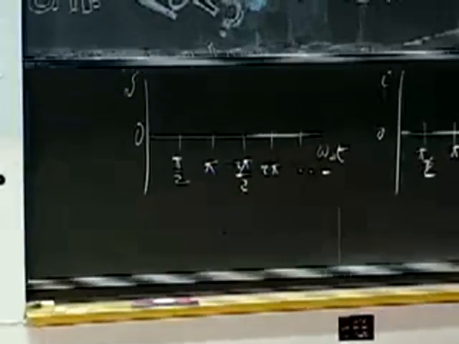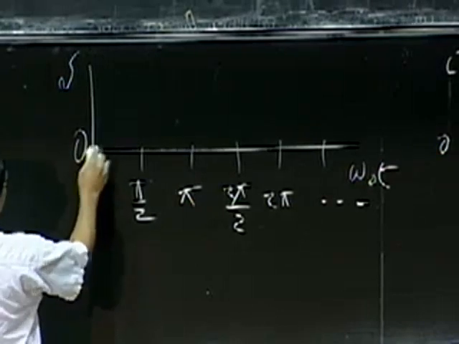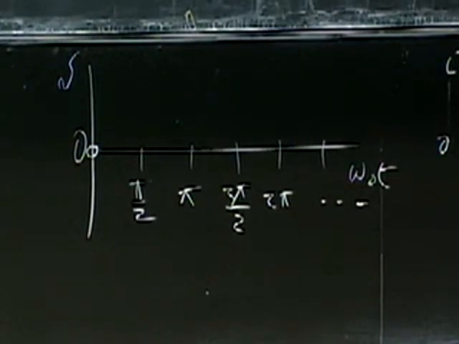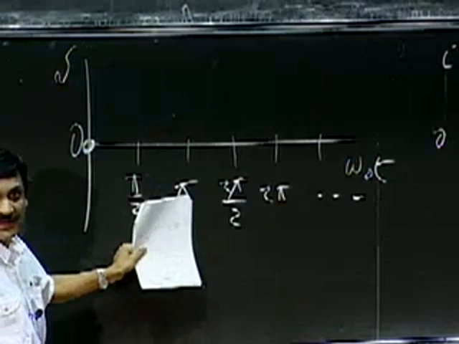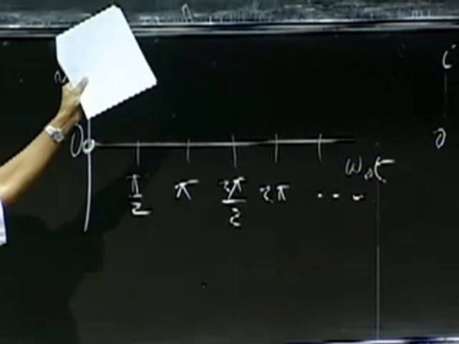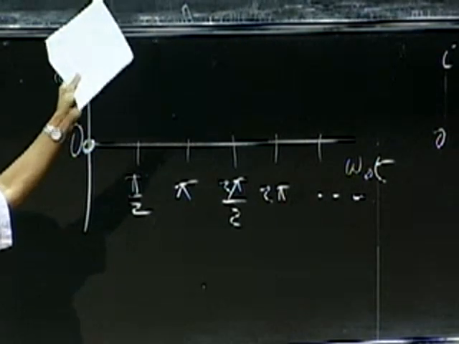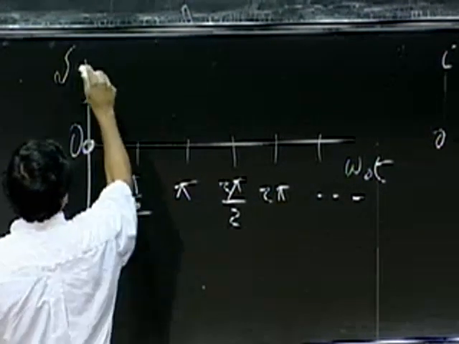Let me plot VI. When time t is equal to 0, cosine omega t is 1, and so VI minus VI is 0. So it starts out at 0 here, and at pi, cosine omega t is minus 1, so I get plus VI on the other side, and end up at plus 2 VI.